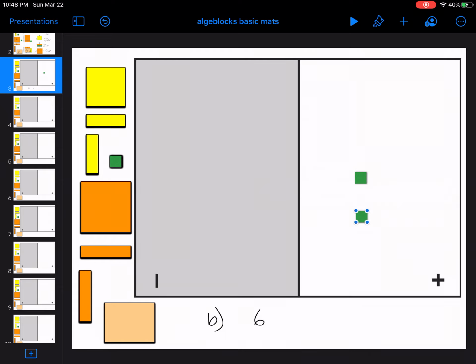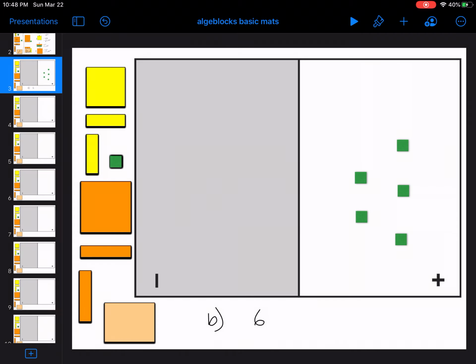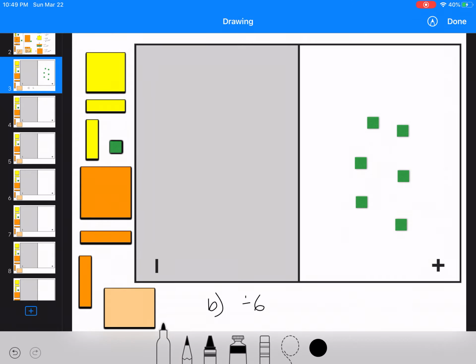So we would have 2, 3, 4, 5, and 6. And again, we're assuming that this is going to be positive 6. So that models 6 on the positive side, so that's positive 6.